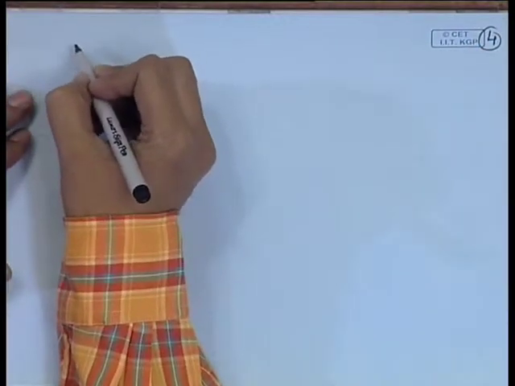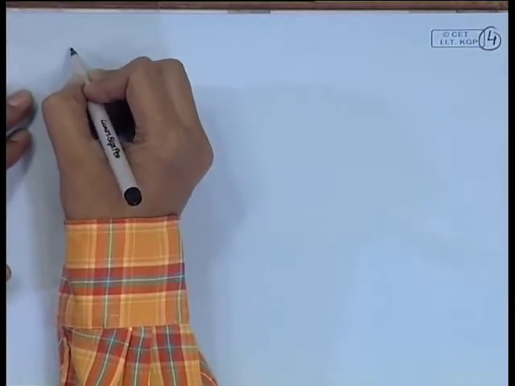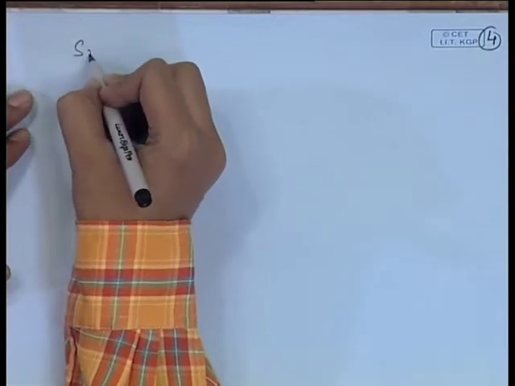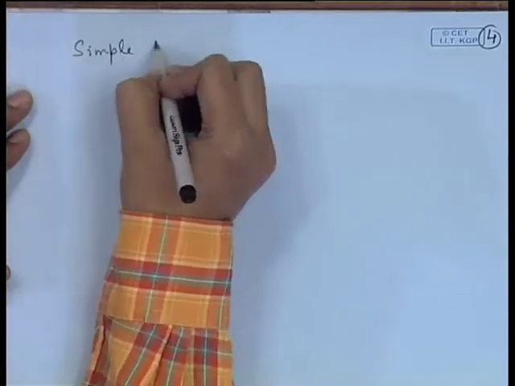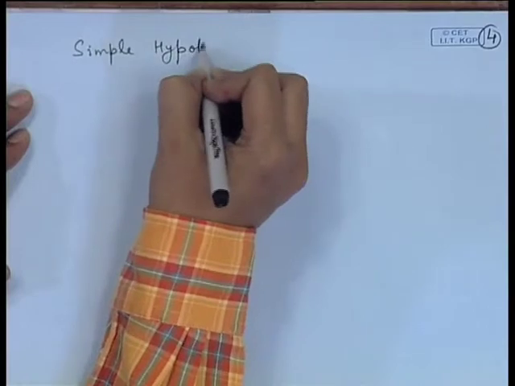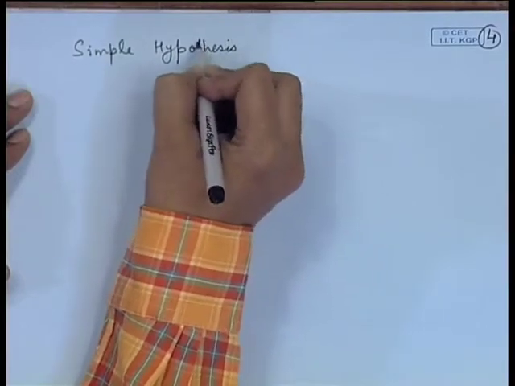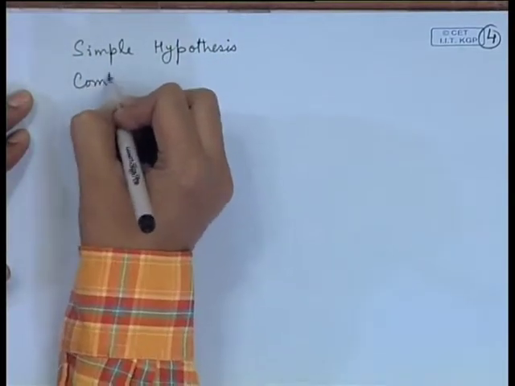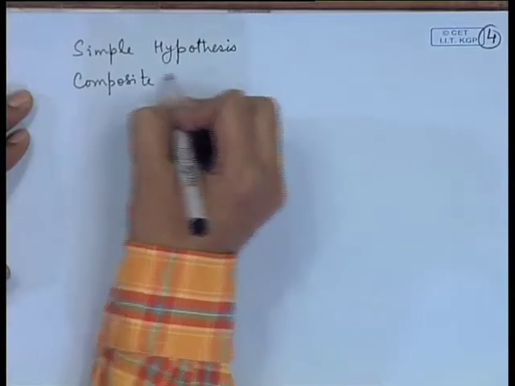So, we have two types of hypothesis. One is simple hypothesis and another is composite hypothesis.